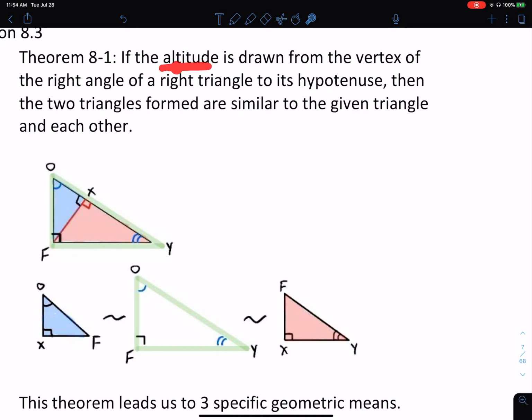An altitude goes from a side of a triangle, of any triangle, forming a 90-degree angle, to the opposite vertex, to the opposite angle. So here's our right triangle, triangle FOX.